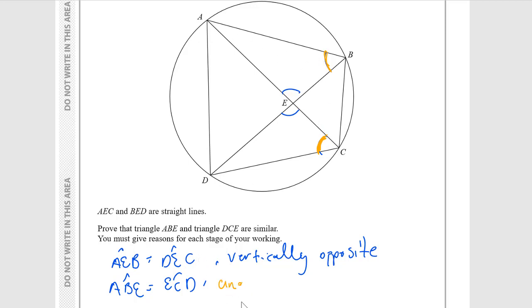So angles from the same points, so subtended from the same arc. That's just terminology. So this is the arc and they're subtended from the same points.